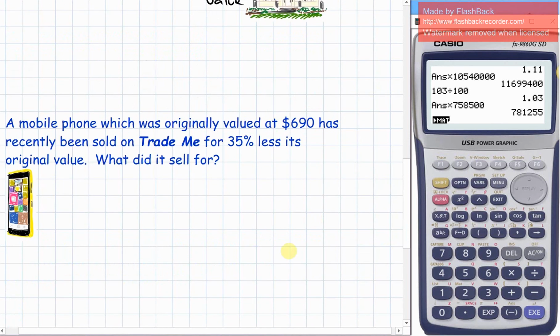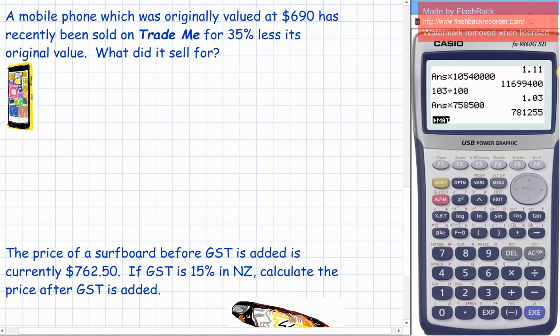Okay, a couple more problems. Again, pause the video and have a go at these. I'm doing a subtraction here. So $690 minus 35% of 690, and this is what it will sell for. So I know that 690 is 100%.